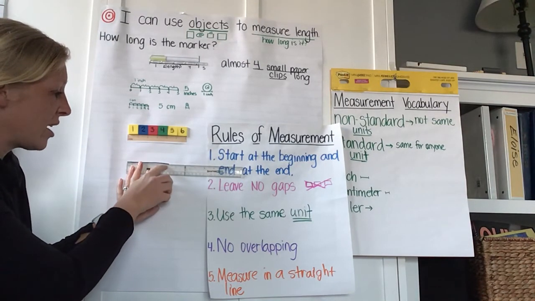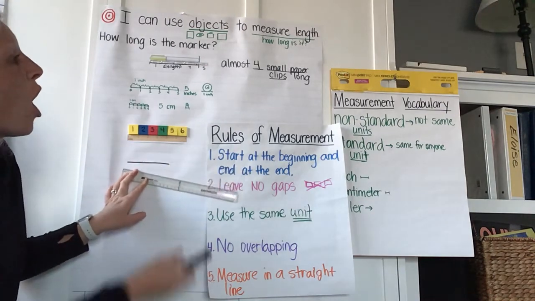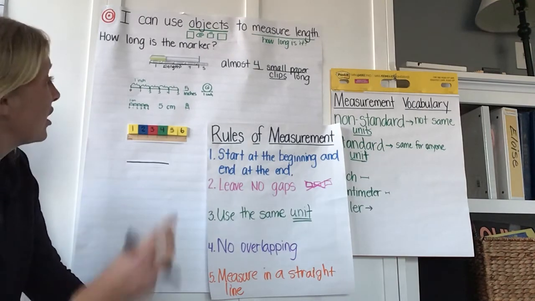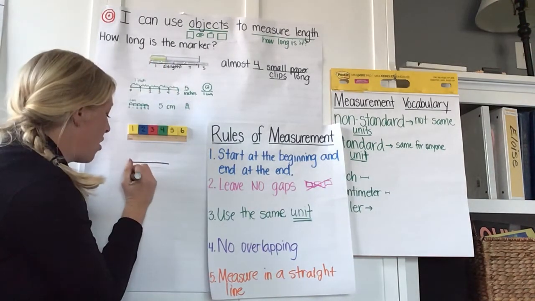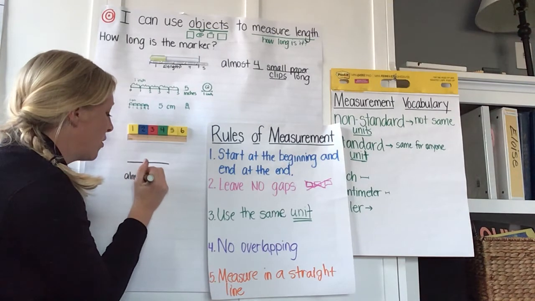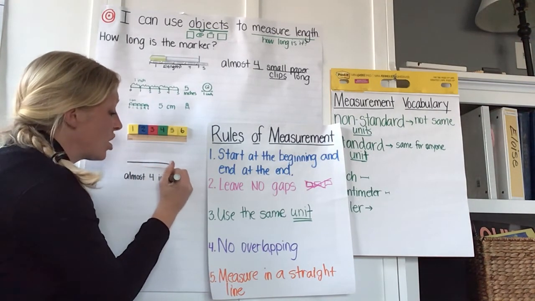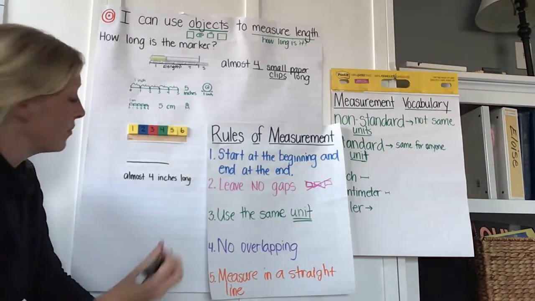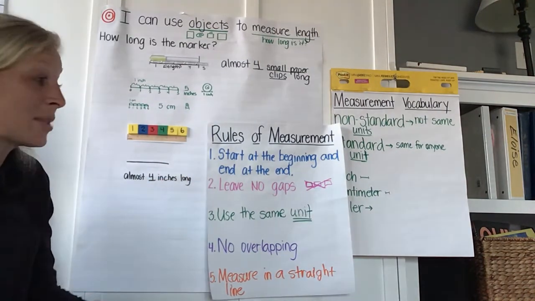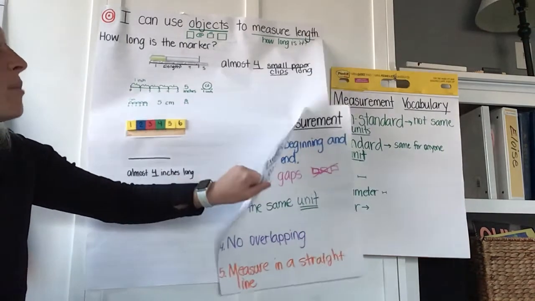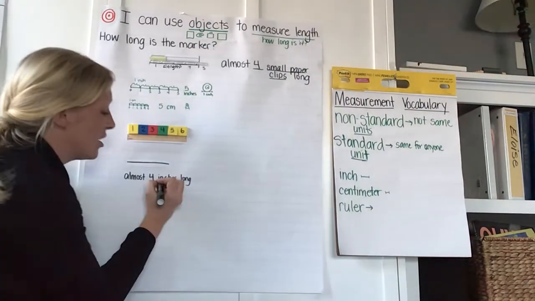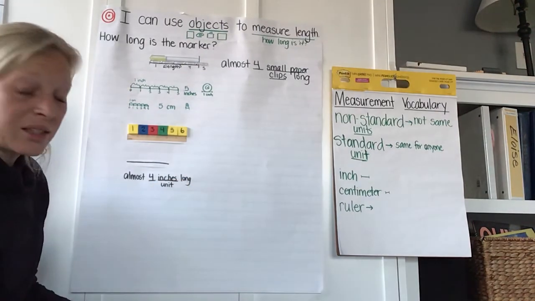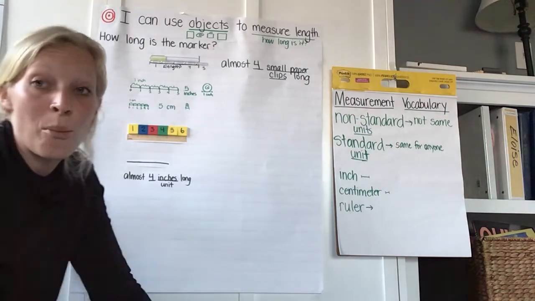Right, my 4 is right here, and it's a little bit past my 4, so it's very much like my 4 paper clips up here with my marker, but it is almost 4 inches long. How many? 4. What's my unit? My unit is inches. This is my unit that I'm using, okay? Centimeters will be the unit we learn a little bit more about tomorrow.